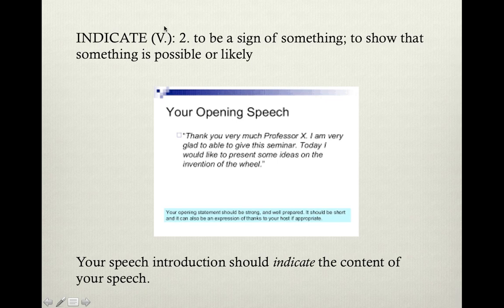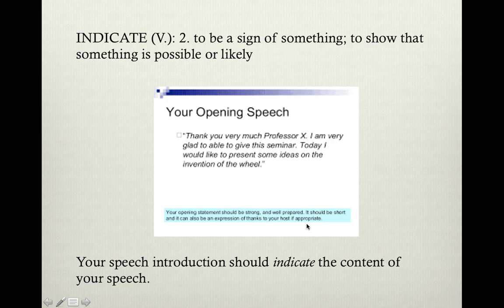Second definition of indicate, used also as a verb, means to be a sign of something, to show that something is possible or likely. In this case, to be a sign, to show that something is possible or likely to happen. Your speech introduction should indicate the content of your speech. So here, indicate is not used to show that something is true or to prove something, but indicate is being used only to demonstrate or to show what the content is, what you're going to be talking about.